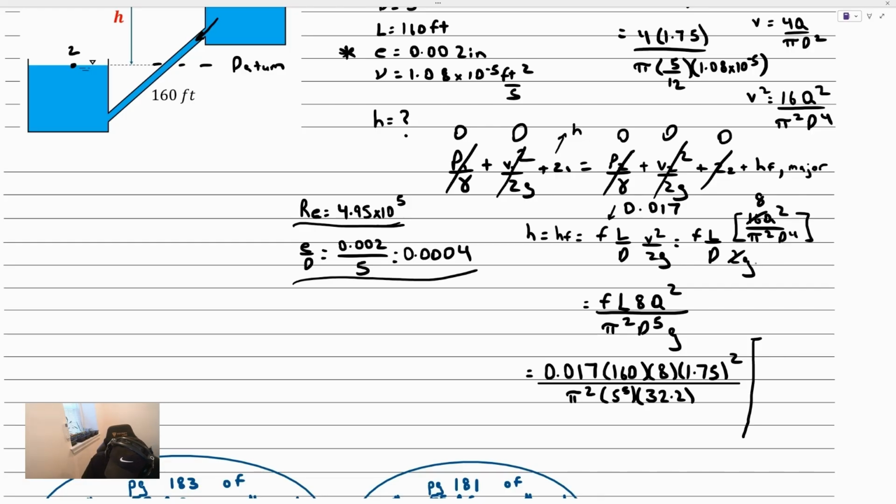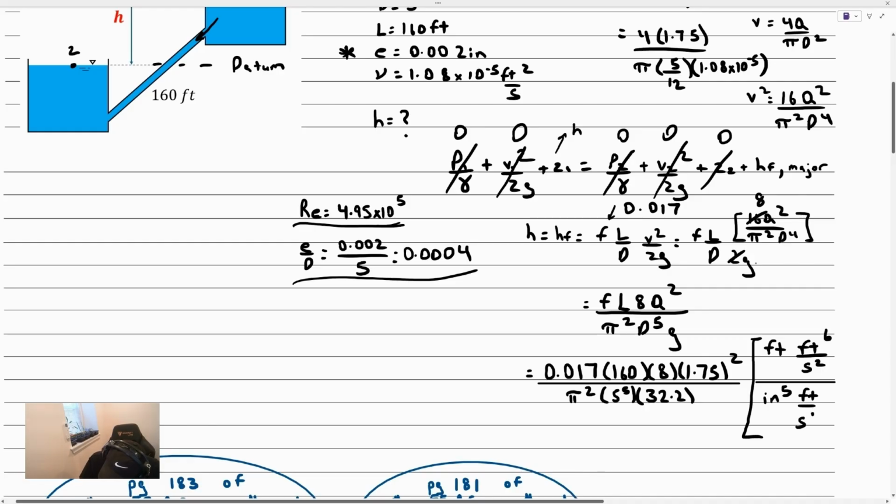Let's work out all the units. The 160 was measured in feet. The 1.75 was measured in cubic feet per second, but that's squared, so it's feet to the 6 over second squared. We have inches to the fifth in the denominator and a feet per second squared. We know that there are 12 inches in a foot, and that's raised to the fifth power.